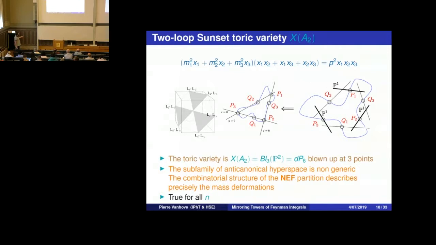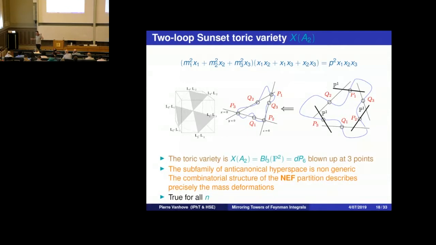So what's happening is that if you look at it, this is from the root lattice of A2, you see that actually this is my hexagon. And what you see is that actually the masses here are exactly giving you an F partition that is here in gray. So what I'm telling you is true for all n.